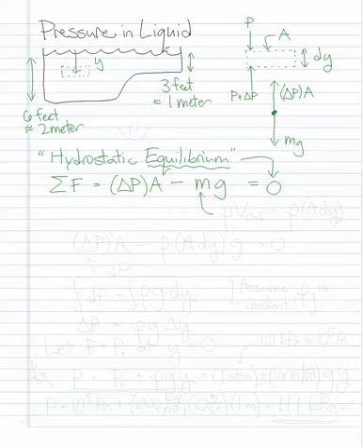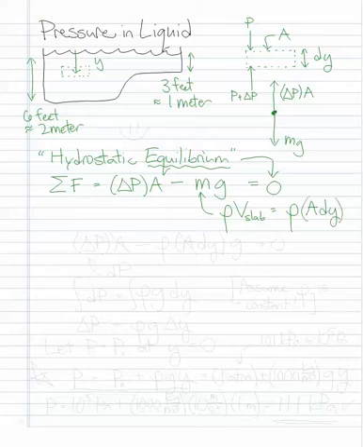Well, what we're going to do is represent the mass of the slab as the density of the fluid times the volume of the slab. The volume of the slab is just the area of the top times dy, that little differential thickness of the slab.